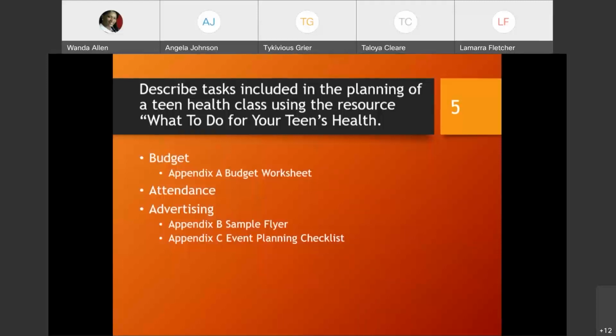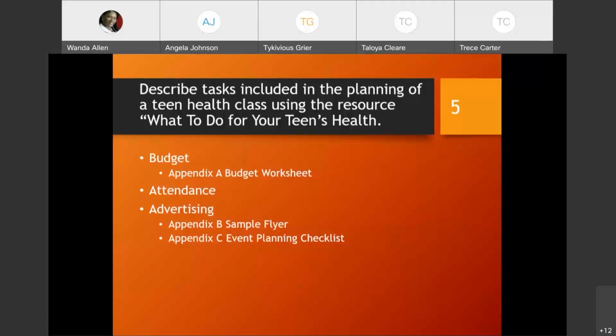Incentives. Yes, definitely incentives, giving away door prizes. It could be you have a parent family group, and of course, parents will be the ones attending. As it aligns with incentives, you could have gift cards to the grocery store, things that the individuals can actually utilize.